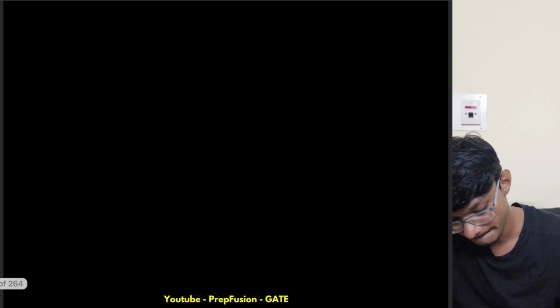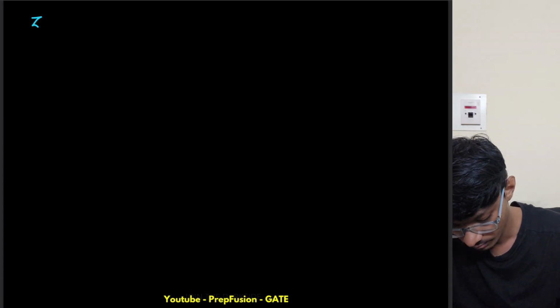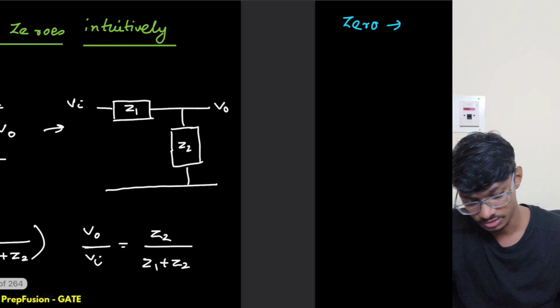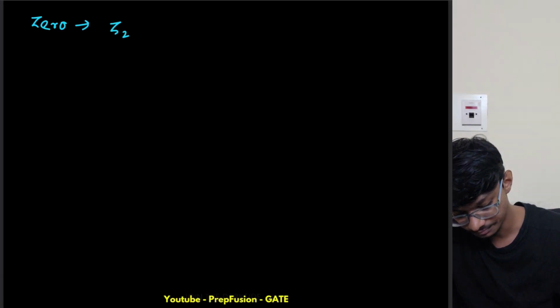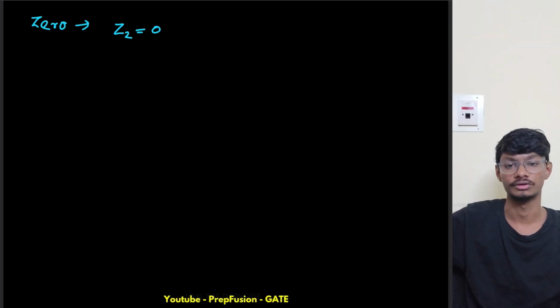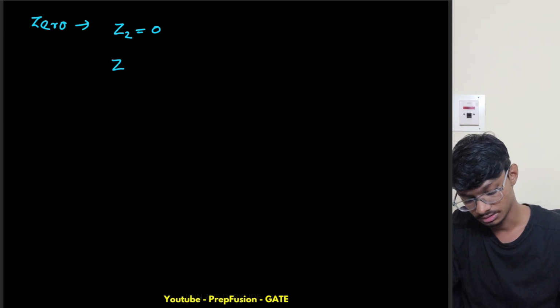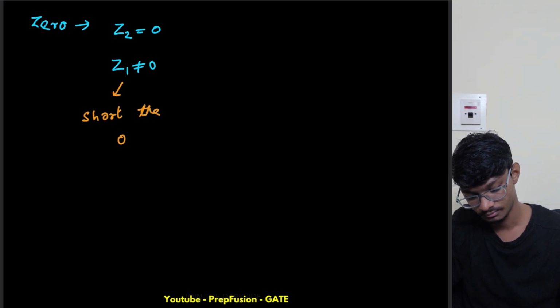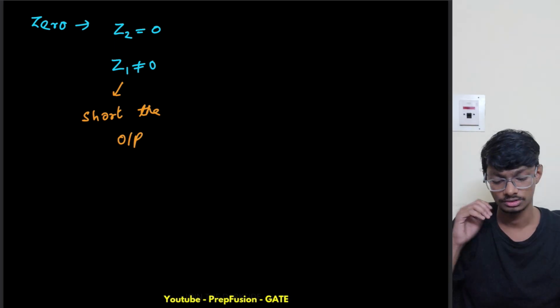So for a 0, what we need to do? We need to make Z2 equal to 0. Z2 equals 0 for that particular frequency, then we will have a 0, and Z1 should not be equal to 0. This is short the output.